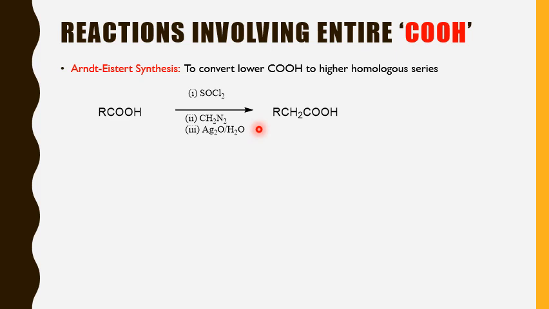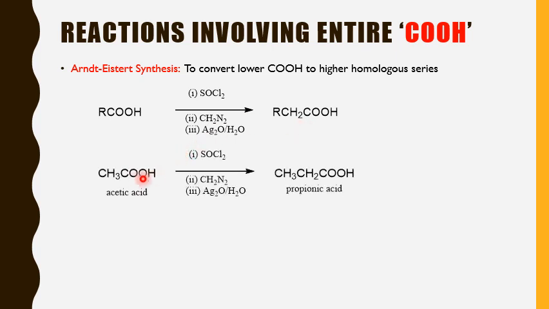That means you can have one extra carbon going from a lower carboxylic acid to a higher carboxylic acid. And it occurs in 3 steps. One is first acid chloride formation, then reaction with diazomethane, and then selective oxidation with silver oxide. And these 3 steps will give you a higher homologous carboxylic acid. And this one is called the Arndt-Eistert synthesis.